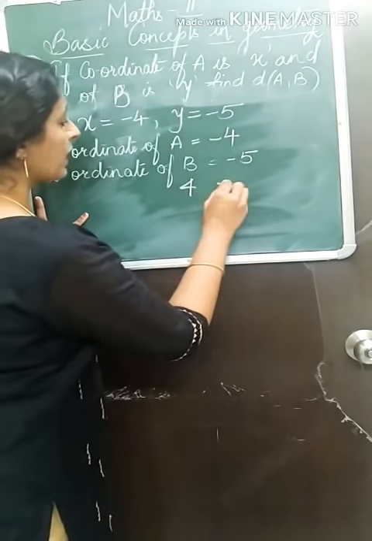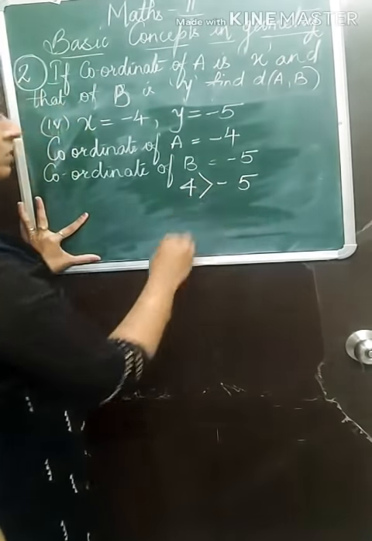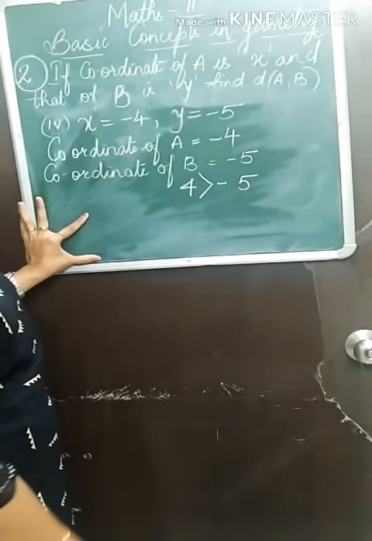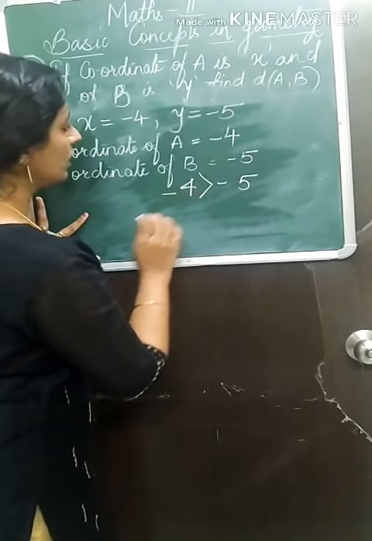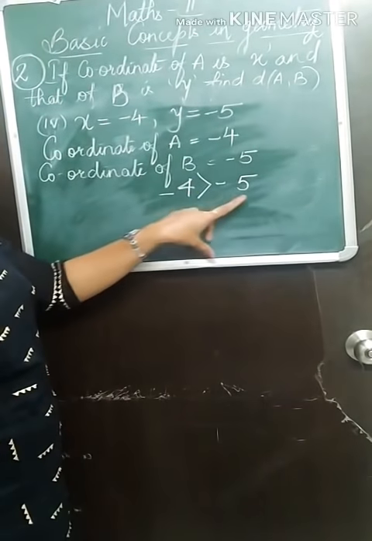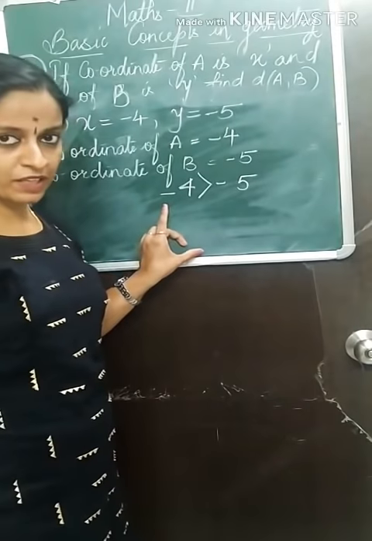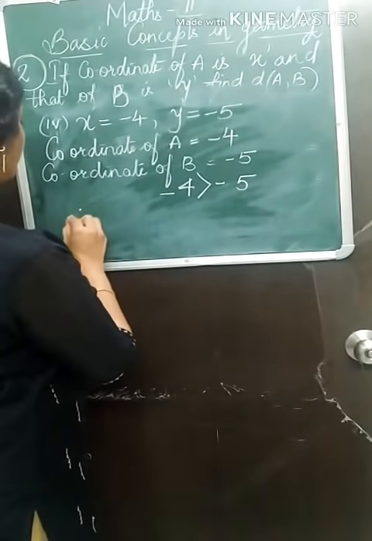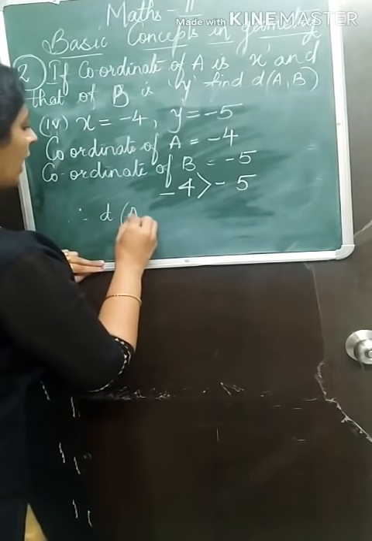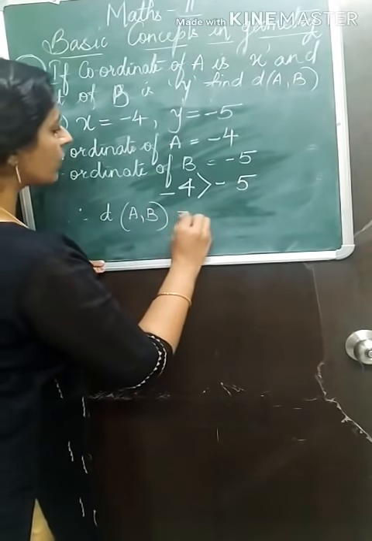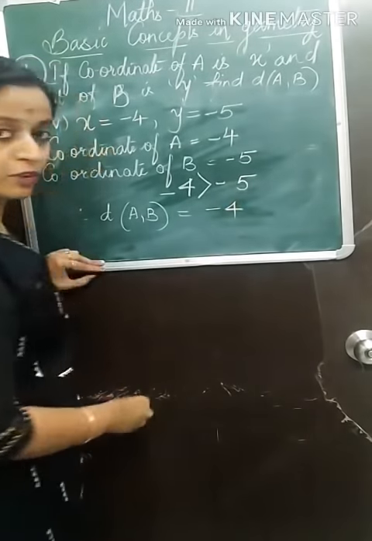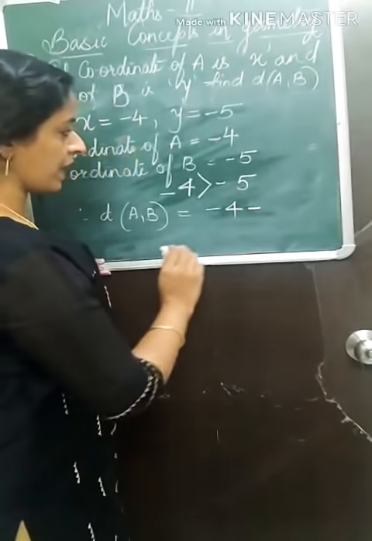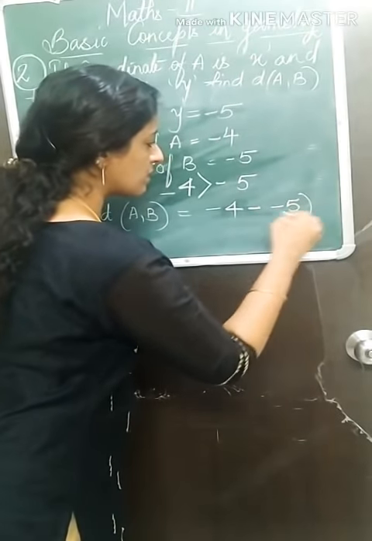Minus 4 and minus 5, the greater number is minus 4. Correct, no? Copied the question correctly. Therefore, distance between A comma B is equal to bigger number minus 4 minus, be careful, smaller number minus 5.